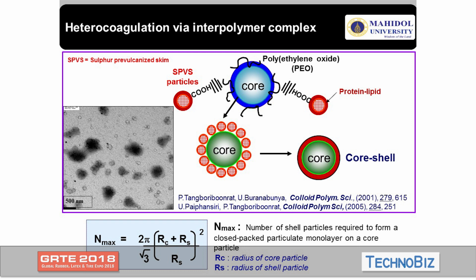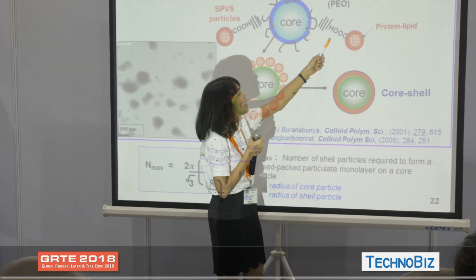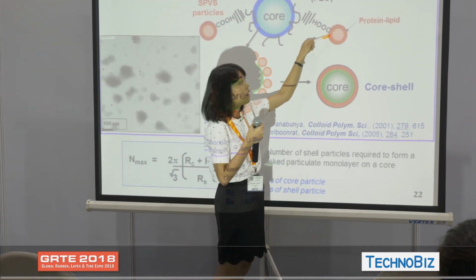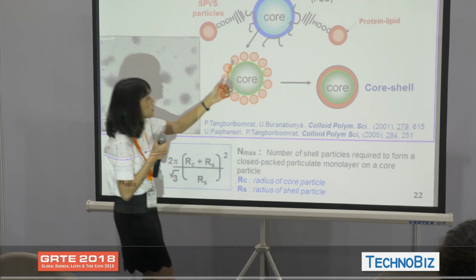For the driving force of this method, it is the driving force of the heterocoagulation method. It comes from the interpolymer complex between the polyethylene oxide, PEO, part coated on the surface of the PMA nanocapsule and the surfactant on the SPVS particles.